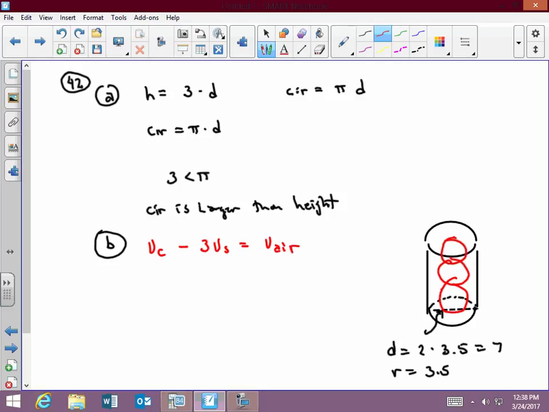And then to get the percentage of the can, we would take the volume of the air divided by the volume of the can, and that would give you a decimal which you convert into percentage.